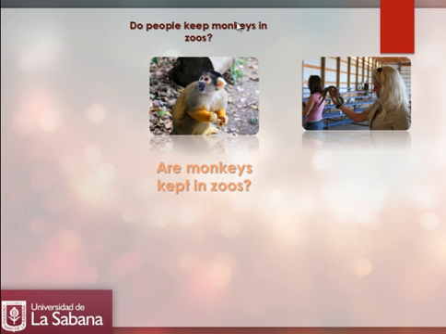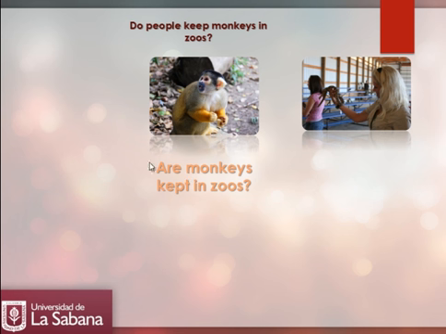So, like we have already mentioned before, the object of the active sentence will become the subject of the passive sentence. Now we need to put the verb in the past participle form and to add the present simple form of the verb to be. So keep becomes kept, and the verb to be in the present simple for monkeys, which is plural, is are.